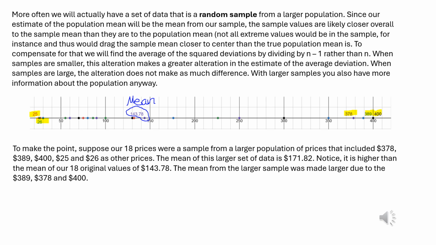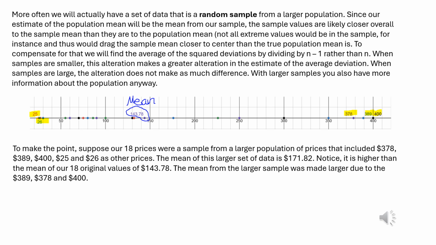To make the point that I'm trying to explain, suppose we had our 18 prices and they were a sample from a larger population, and we're going to make our population just a little bit larger. So suppose the store also had some headphones that were $378, $389, $400, and then a pair that was $25 and a pair that was $26. And our 18 prices are our random sample out of this bigger population.